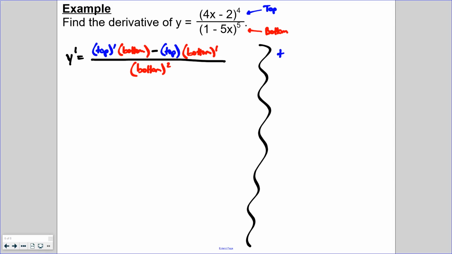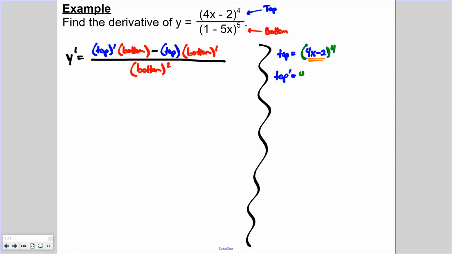Again, we said the top is going to be the quantity 4x minus 2 to the 4th. So when we take the derivative, we are going to have to use the chain rule, because we do have the inner function of 4x minus 2, and we have the outer function of the quantity to the 4th power. So we're going to have to do the chain rule here, which says take the derivative of the outside first.